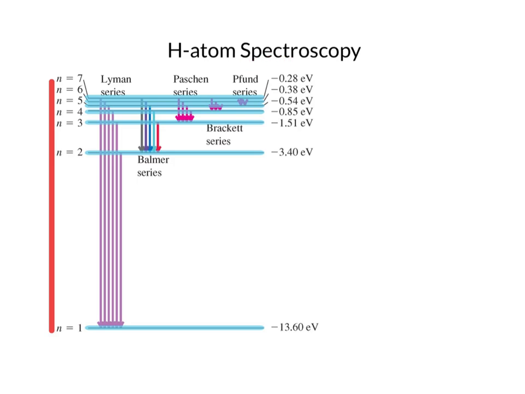So there are two things that can happen when we interact an atom with light. One is that if the atom is starting in its very lowest energy state, which we call the ground state, and it absorbs a photon.